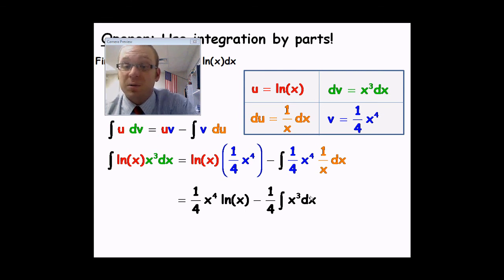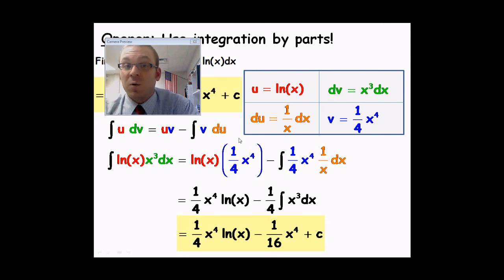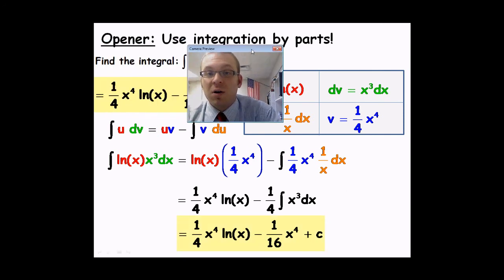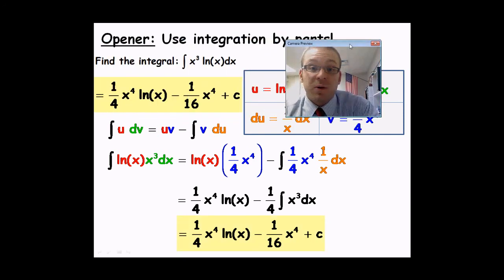Part of this is already integrated, and the other part is an easier integral to compute than what we started out with. The integral of x cubed dx, you guys can all do that in your sleep now. And we get, for our final answer, 1/4 x to the 4th natural log of x minus 1/16 x to the 4th plus c. I hope that opener went very well for you guys.